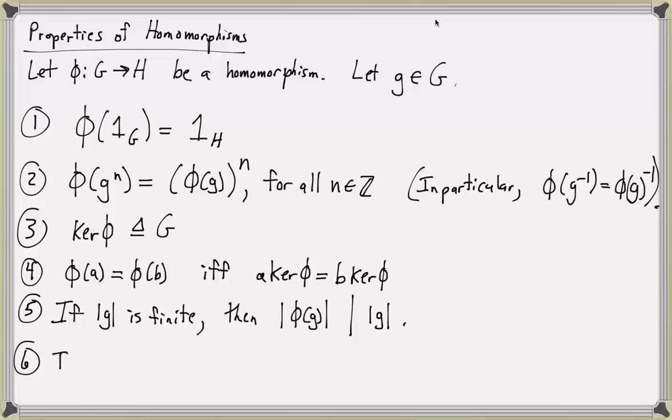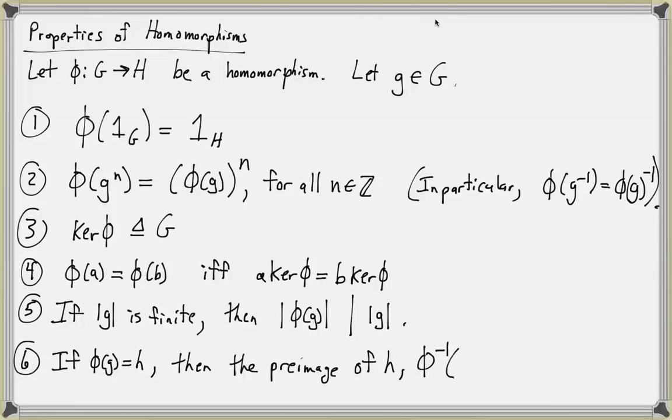And our last property, if phi of G equals H, then the pre-image of h, which is the set written as phi inverse of h, so this is the set of all elements x in G that get mapped to h, the set of all x in G such that phi of x equals h, equals the left coset g times kernel of phi.